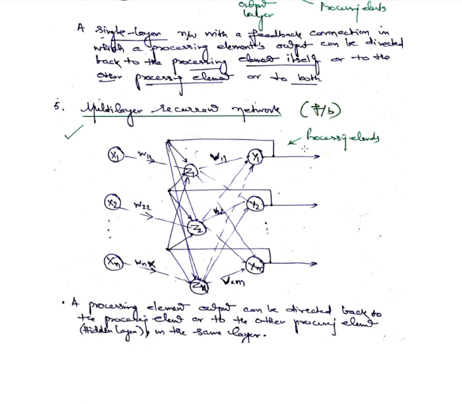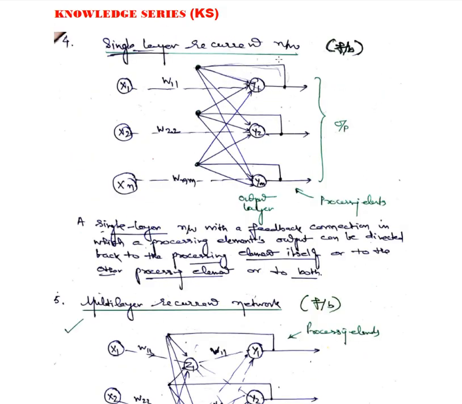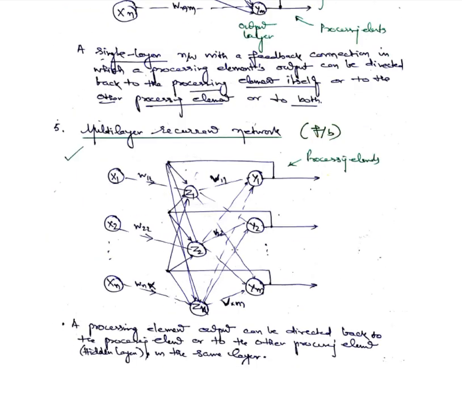Multi-layer recurrent network, you can see that you can have multiple ways of representing it. So this is for a single layer. Now here you are giving output to the middle layer, and the middle layer also is given the input x1. So you have 2 inputs to the middle layer. So this is known as a middle layer recurrent network or a feedback network.